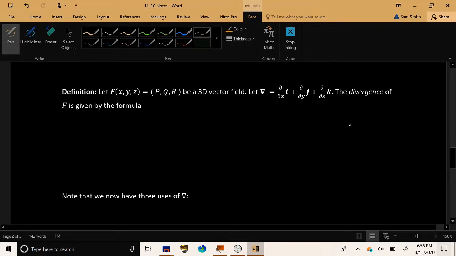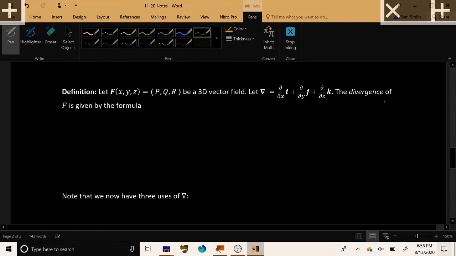So, definition. We have a vector field F, a function of x, y, and z. The output coordinates are called, as usual, P, Q, and R. And we have this symbol nabla back again, representing the same thing that it did yesterday: partial in the x component, partial y in the y component, and partial z in the z component.